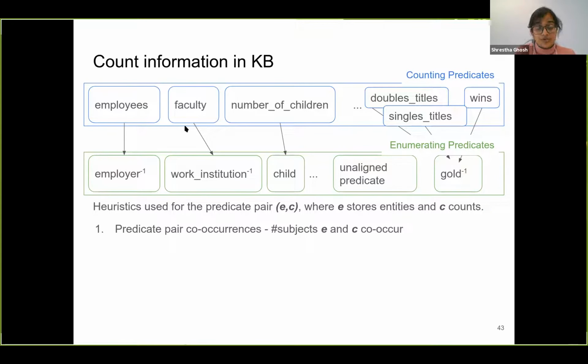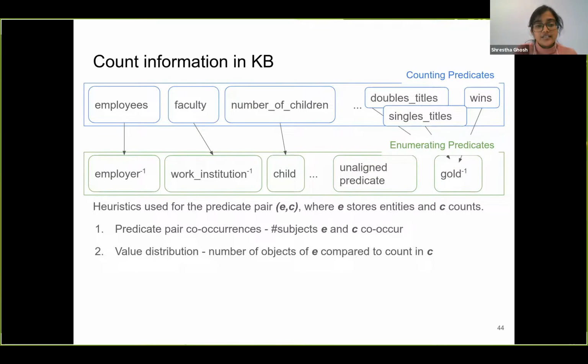However, it's not robust, because take the example of authors: the number of books written by authors and the number of children that the author has is a co-occurring pair that might occur for a lot of authors.